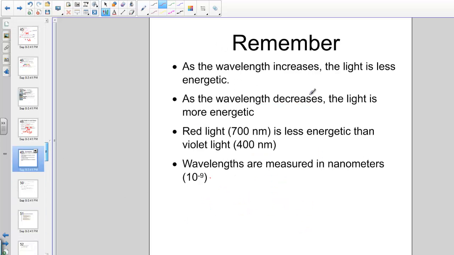So what have we learned? As the wavelength increases, light is less energetic. If I have a long wavelength that's a very low energy, it is not very frequent. If I have a short wavelength that's very high energy, I have a very fast frequency.